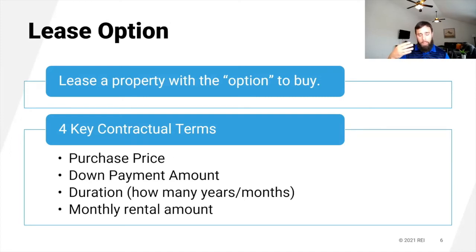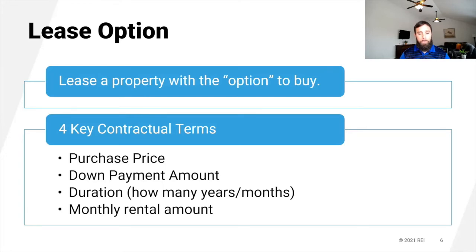There are 4 areas that you must negotiate. The purchase price, which in this example was $200,000. The down payment, which in this example we chose $5,000 non-refundable. The term of 60 months. And we guaranteed them a rental amount of $1,400 per month. Anything we get over $1,400 from our guests or tenants is our profit each month.